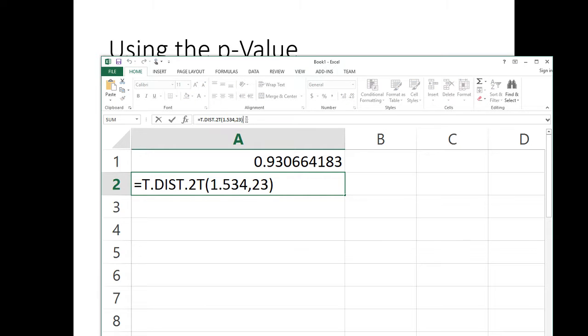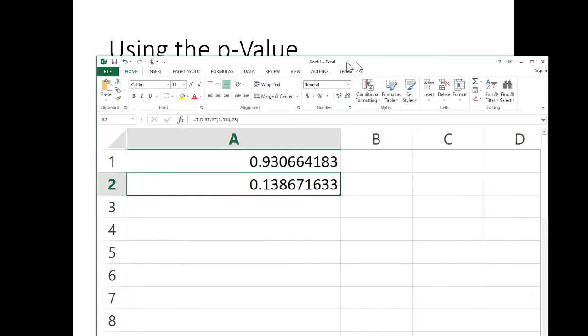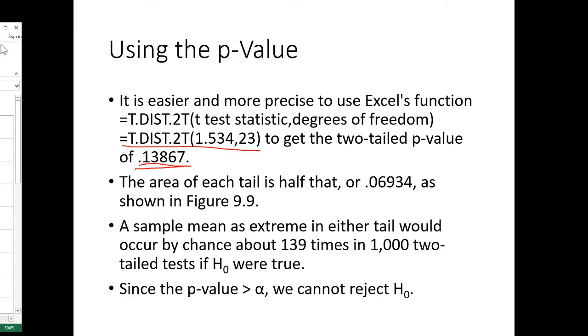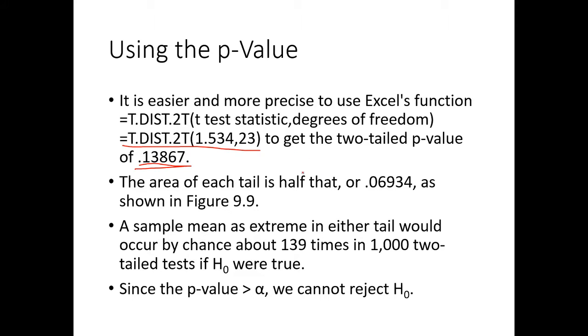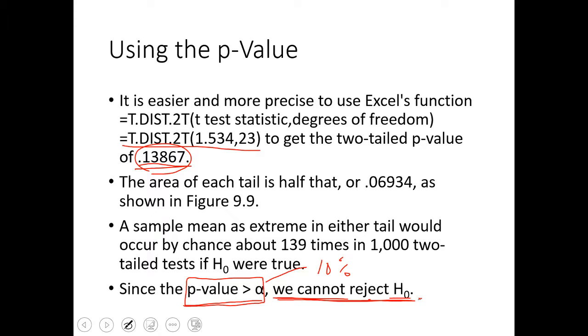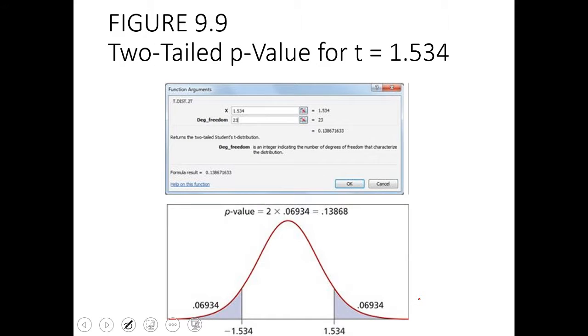So when you calculate the p-value, you can use this function simply. So p-value is greater than alpha, when alpha is 10%, so then we cannot reject the null hypothesis. Okay.